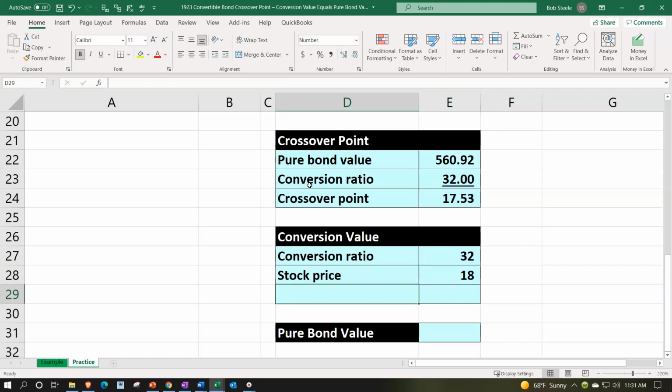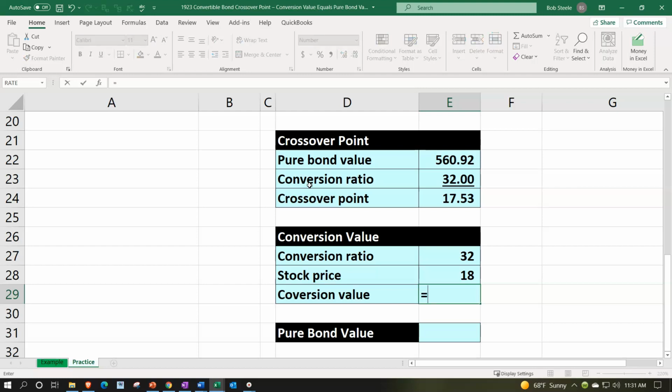And that would give us the conversion value, meaning the value of the stock if the price of the stock was at that 17.53, 32 times the 17.53. If we add decimals, which we will do now, number group, add a couple decimals. Let's put an underline under the 17.53.